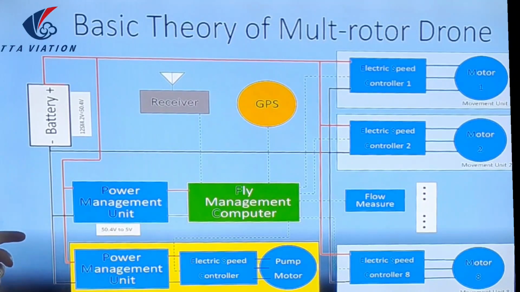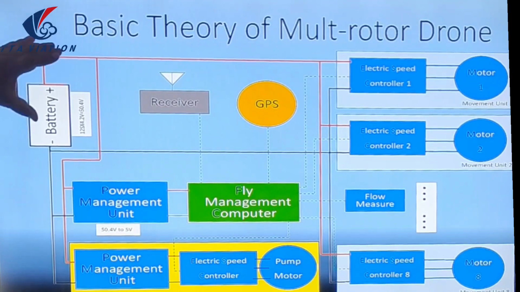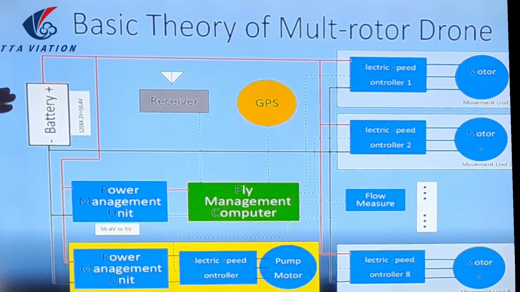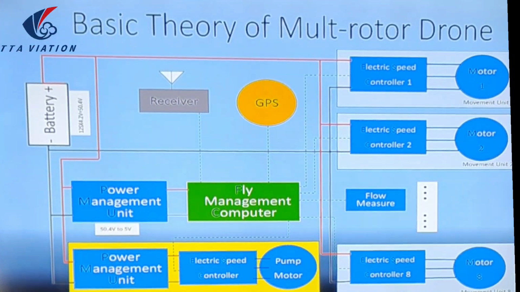So today I introduce some knowledge about a drone system. We can see that any system, if it wants to continue its job and keep its job correctly, must have a power source. In the drone system, the battery is the entire drone's power source.